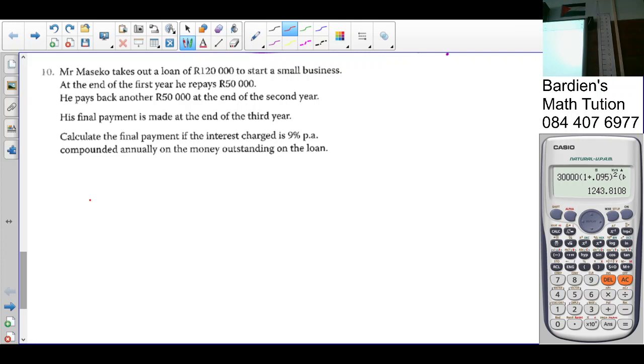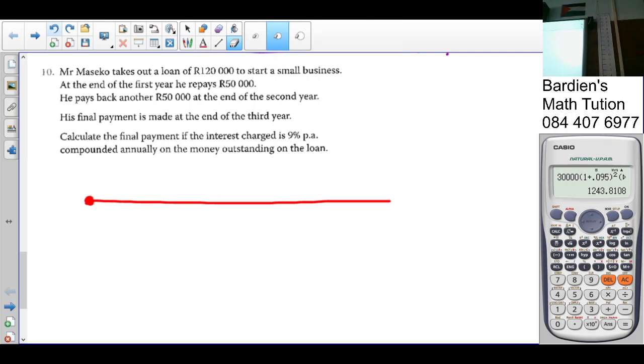Mr. Maseko is not a maths teacher, okay? The maths teacher can't repay so much money. Only joking. We need maths teachers, no? For those of you who wants to become a maths teacher? Huh? Only a tutor, not a teacher. Teacher get paid too little money. Is that what you say?